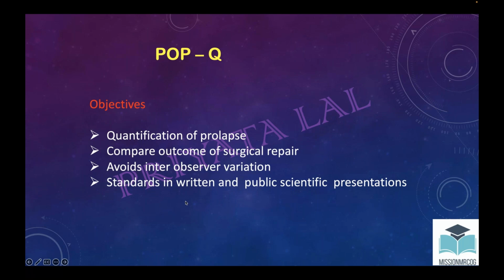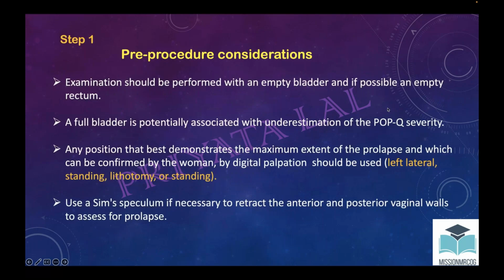Now, what has to be done? Pre-procedure considerations: the examination has to be done when the bladder is empty and the rectum is empty. We want the bladder to be empty because if the bladder is full, there will be underestimation of POP Q severity.